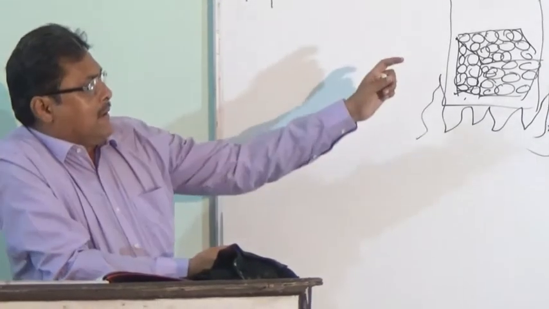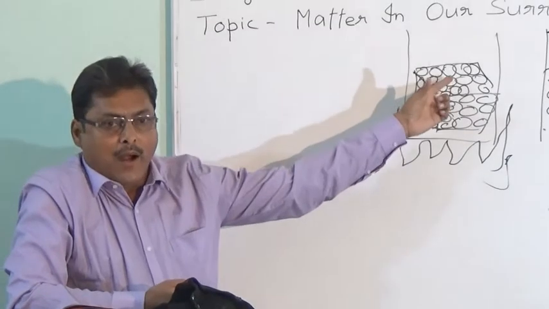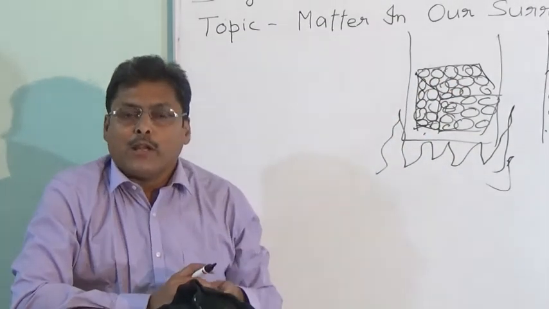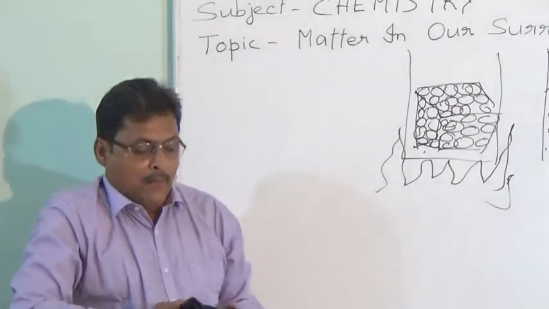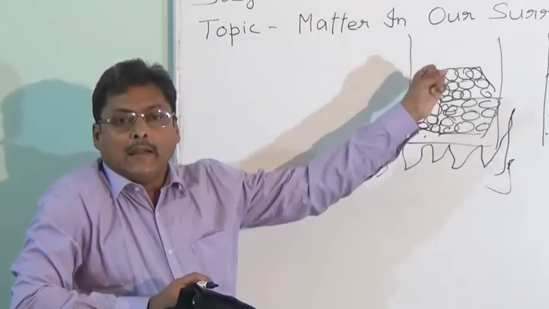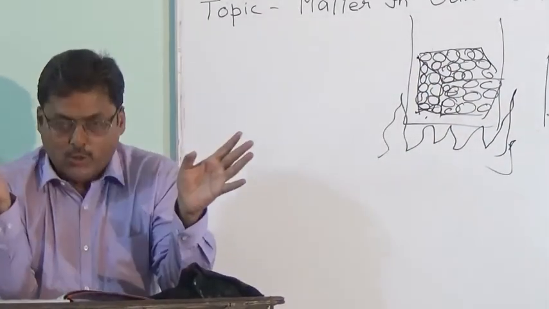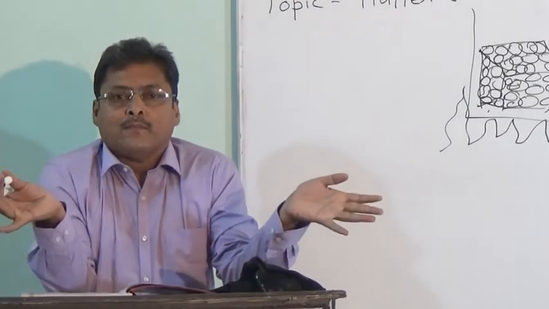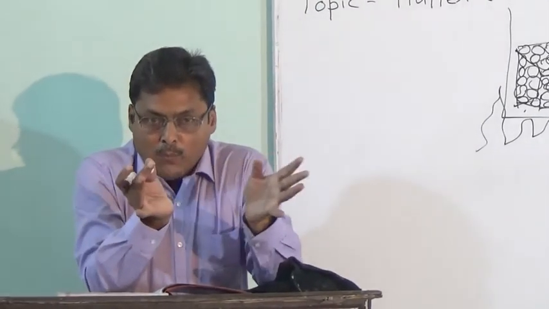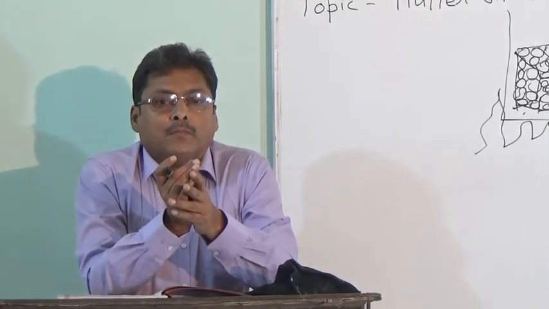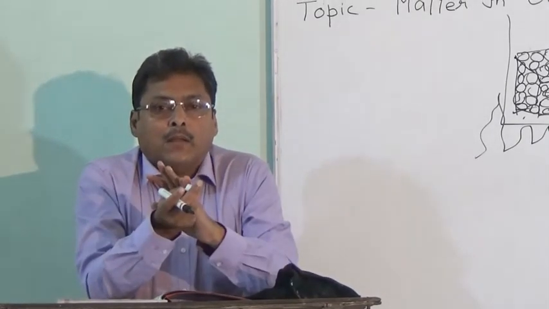And the particles start to move apart because now they are more energetic. They are imbibed with kinetic energy. What will happen? They will try to move away from each other. The speed of motion will increase.